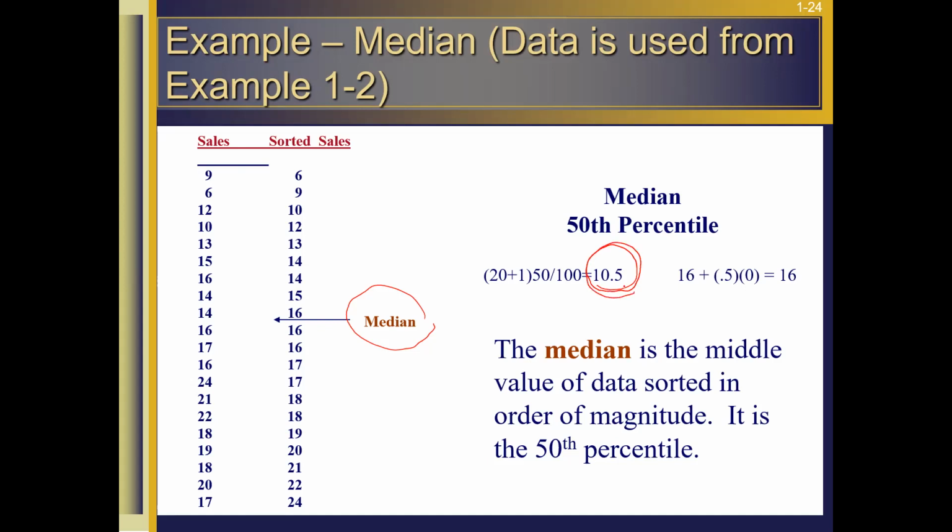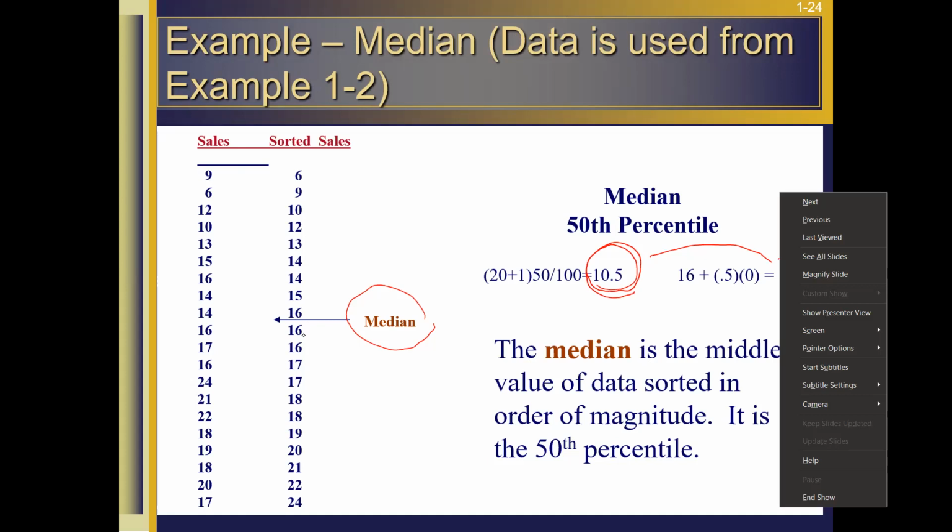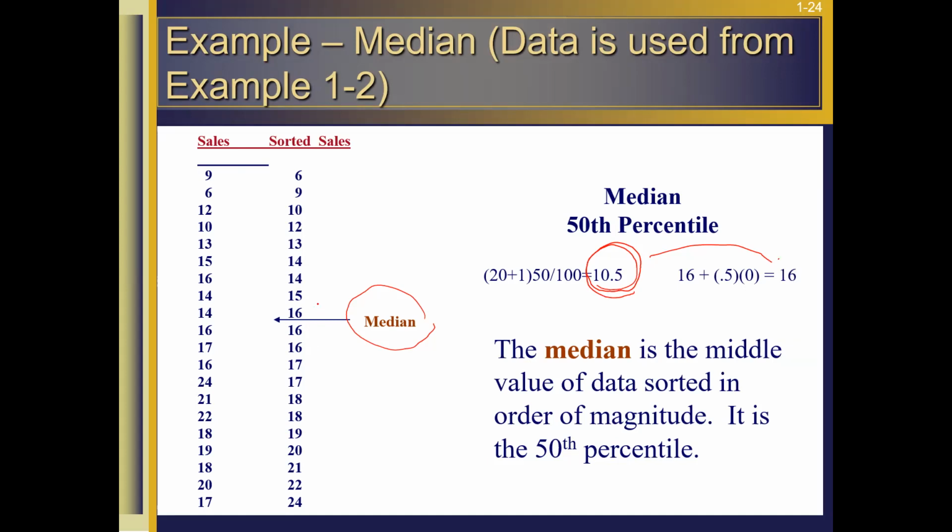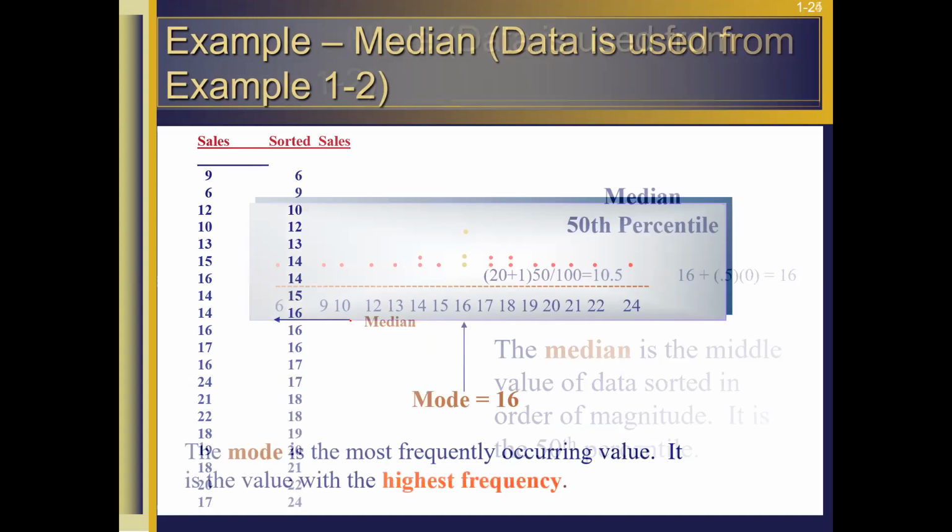The median is 16. Since there are 31 values here, the median is located here, and that is also 16. The median is the middle value or the 50th percentile. Clear, no? Right.